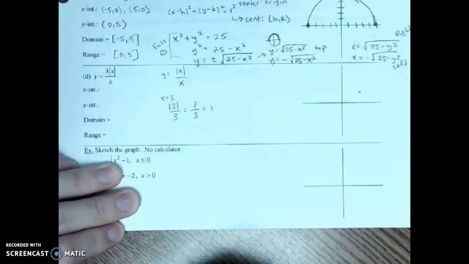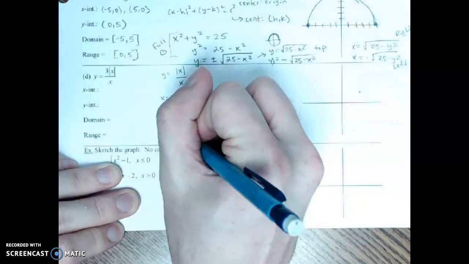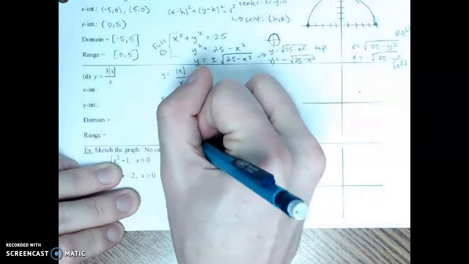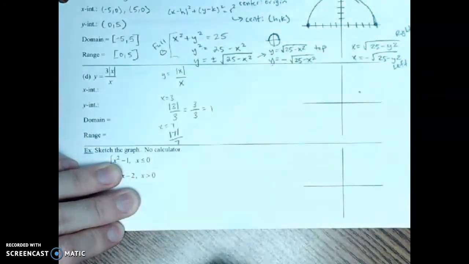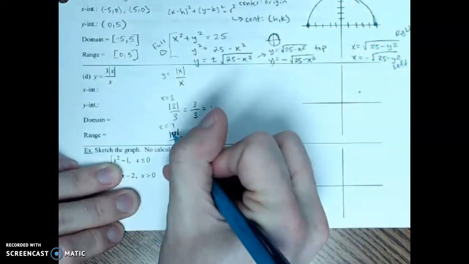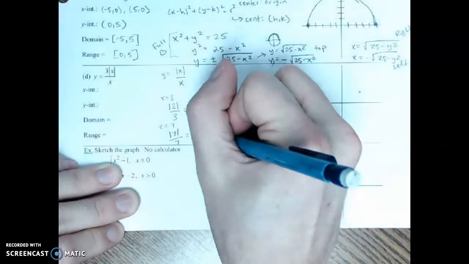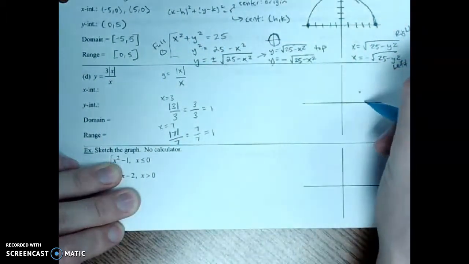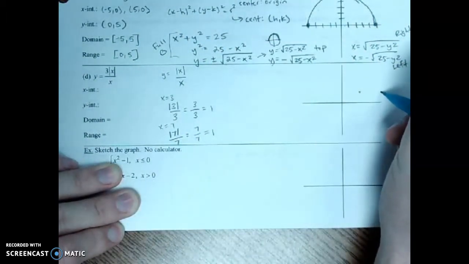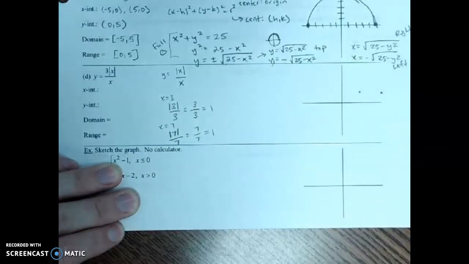Let's try another one, let's say x equals 7. The absolute value of 7 over 7: the absolute value of 7 is 7, the denominator is still 7. So look at that, that's also 1. If I came over here to 7, that point would also be 1 unit up on the y-axis.